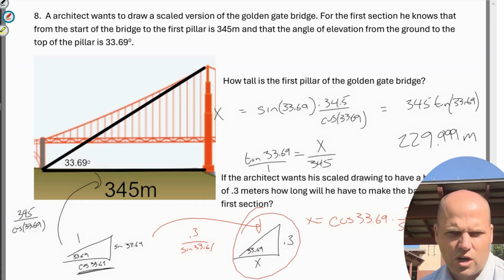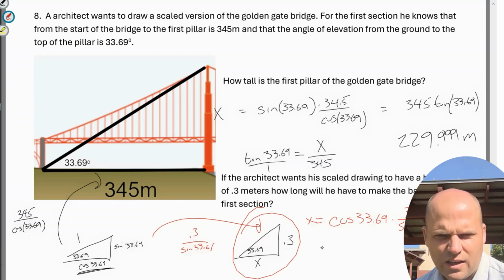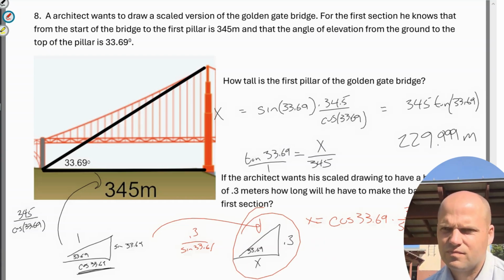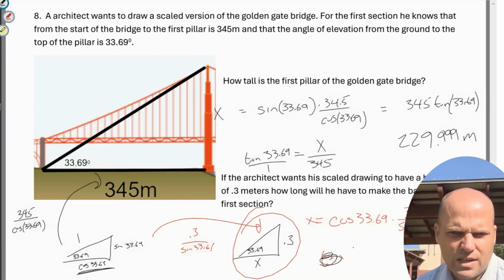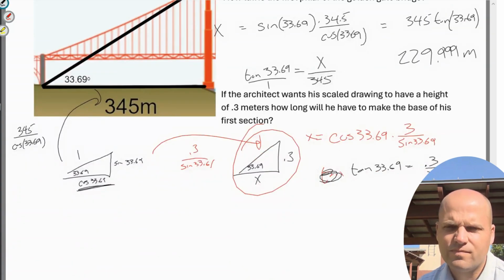Or you just start with this triangle and you would say the tangent, finally got something where we have to cross multiply and divide. Tangent of 33.69 equals 0.3 over x. Put this over a 1. Cross multiply.